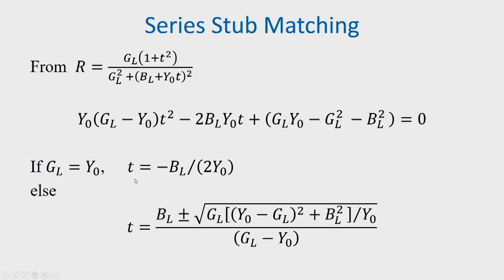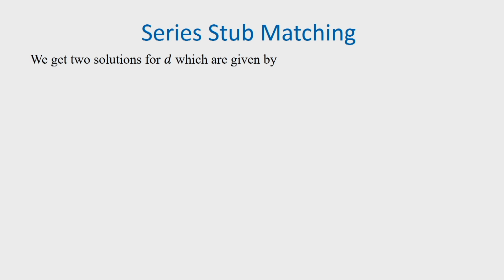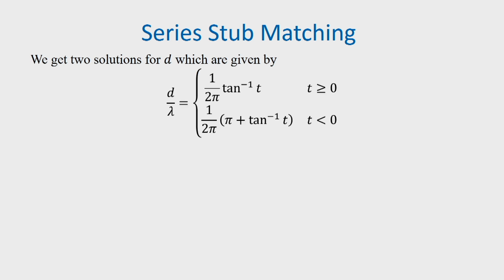So, once t is known, we remember that t is equal to tan beta d. Now, we can get the solution for d. So, we get two solutions for d, and d by lambda can be written as 1 by 2 pi tan inverse t when t is greater than 0, and this is 1 by 2 pi into pi plus tan inverse t when t is less than 0.